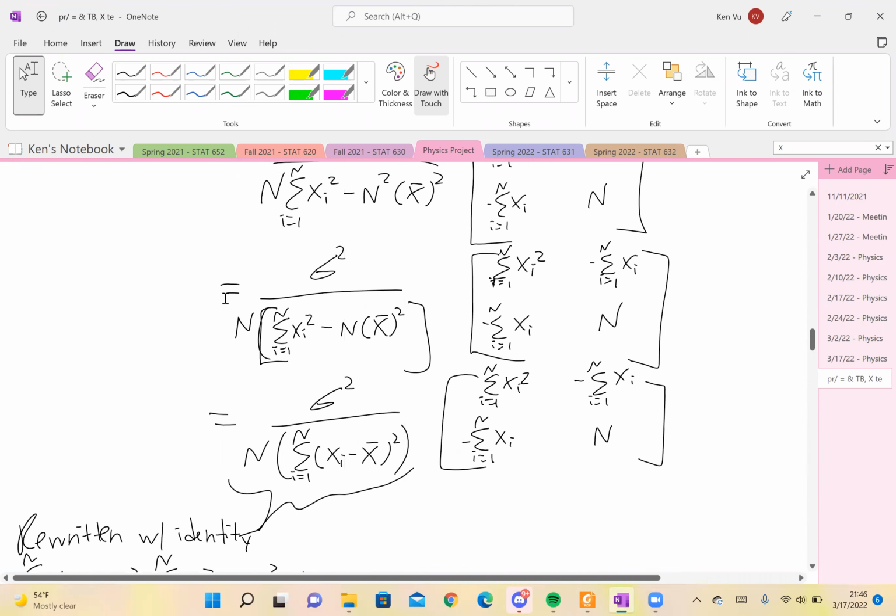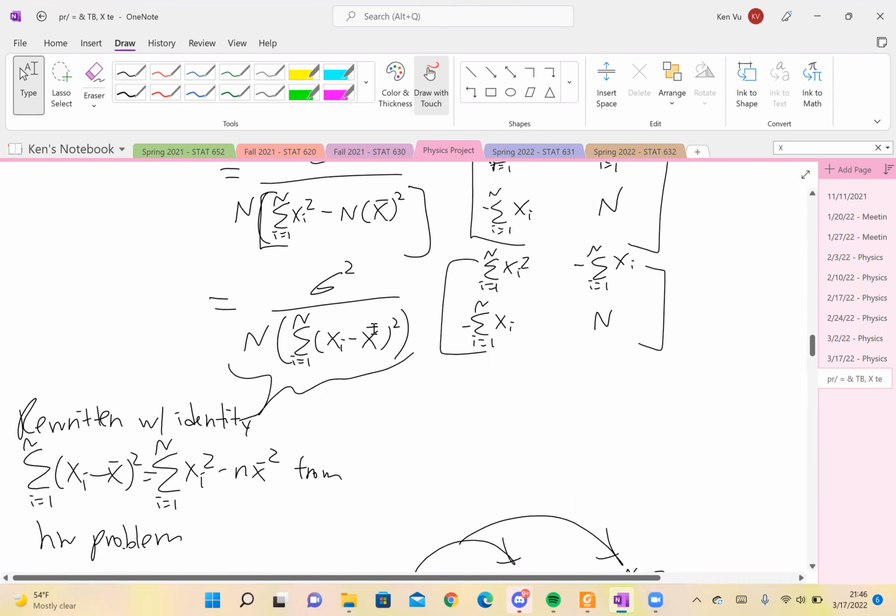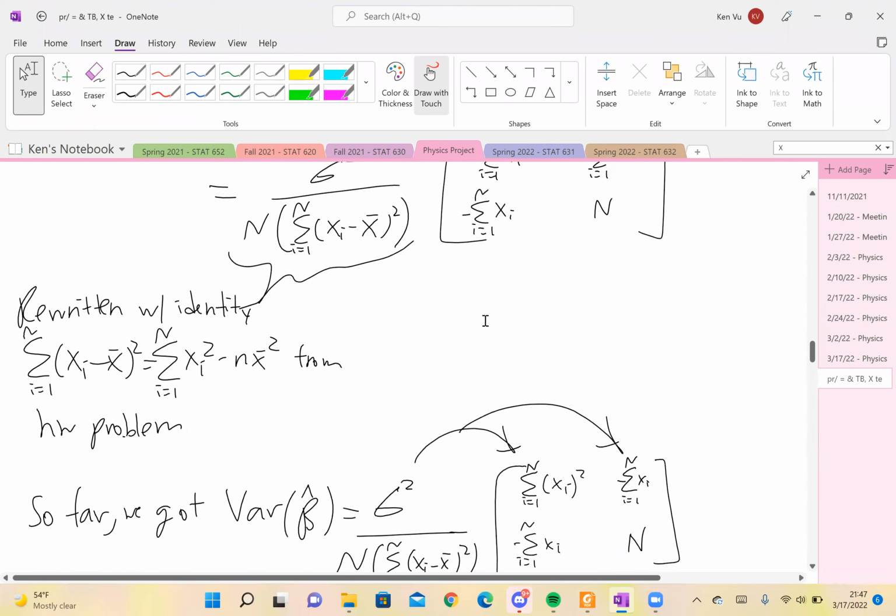After you factor out n and do all the rewriting, applying this identity to the denominator and substituting it in, you'll get that the denominator under sigma squared is n times the sum of the squared differences, xi minus x bar, all squared. So that's what you get here. We haven't done anything yet, but this is what we have so far.